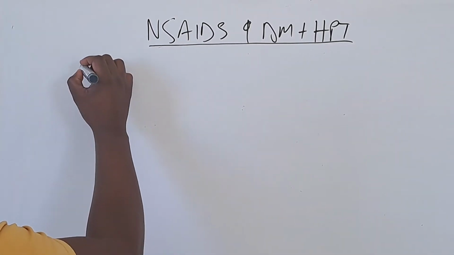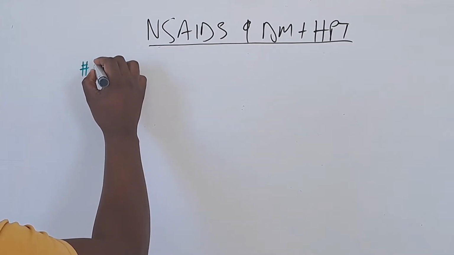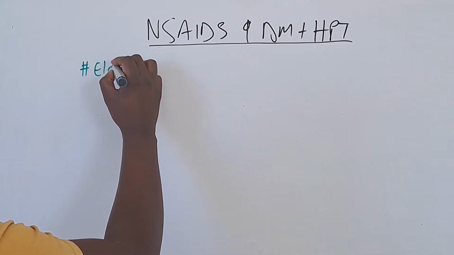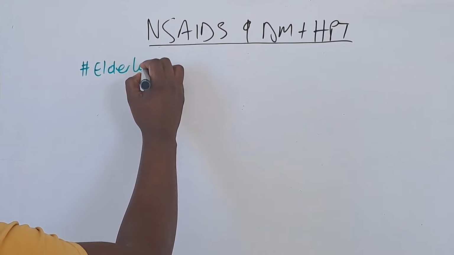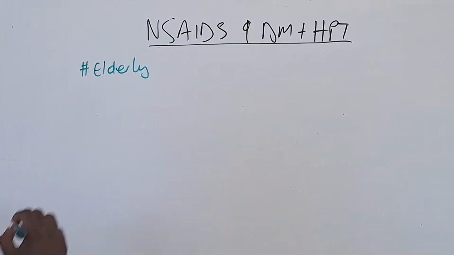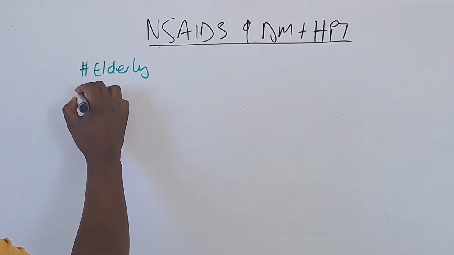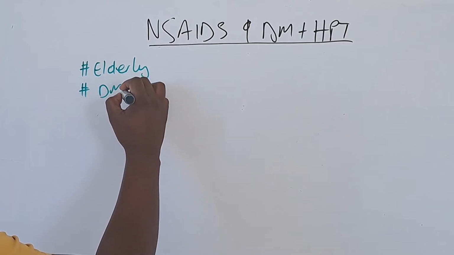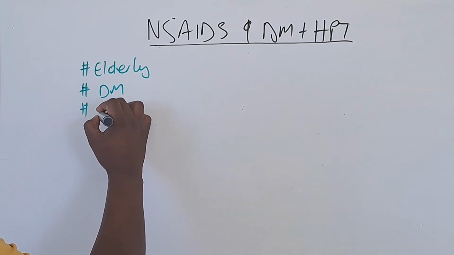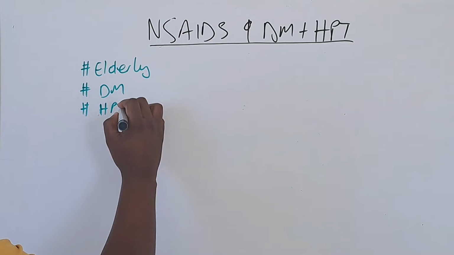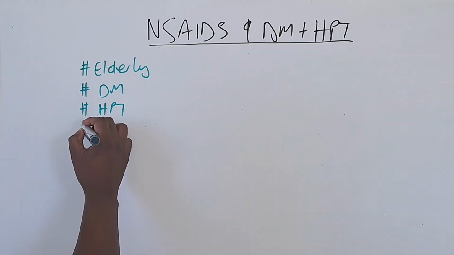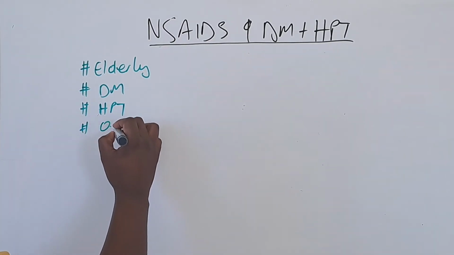First of all, it's an elderly patient. Number two, they've got diabetes. Number three, they've got hypertension. And number four, they've got osteoarthritis.